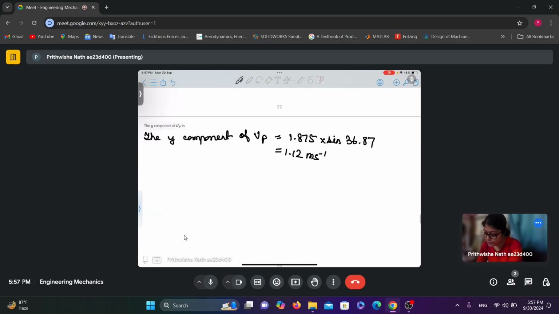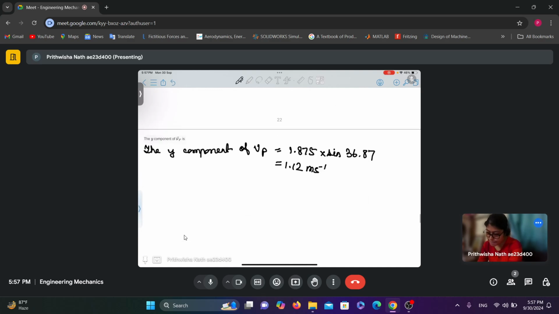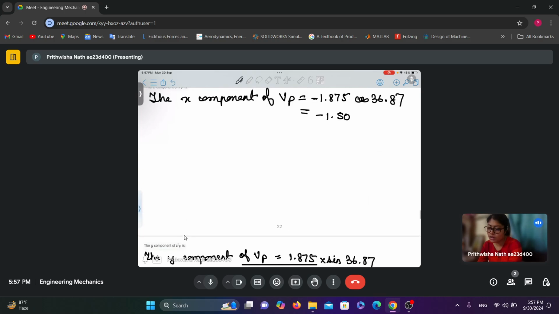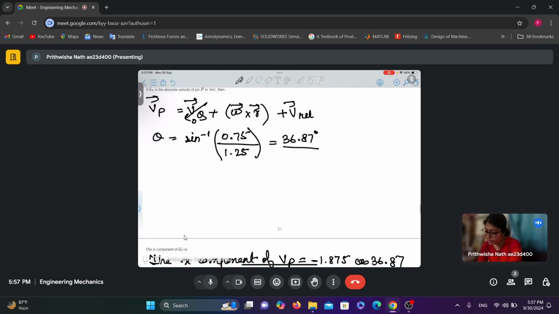Now I will write Vp in component form and then compare i and j terms on both sides of the equation.